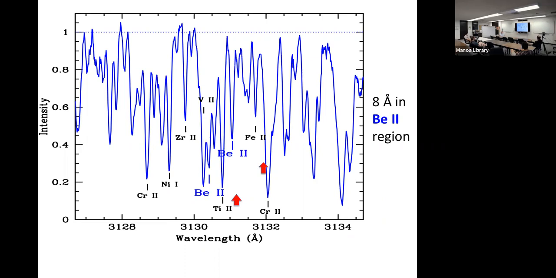But somehow the red arrows are not lined up. Well, forget the red arrows, they are labeled as Be II for those 2 lines.